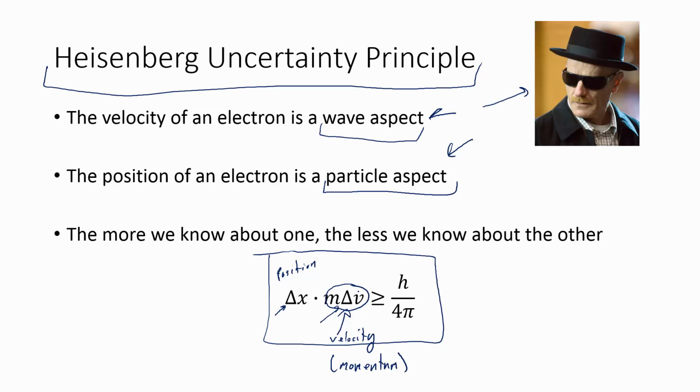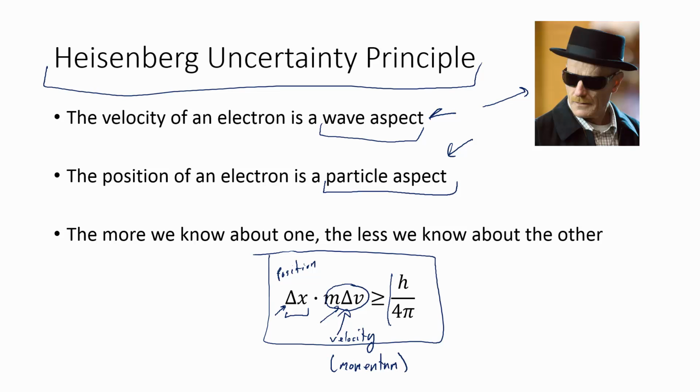They're indirectly proportional to each other, meaning that the more we know about the change in position, the less well we know about the change in velocity. The better we know the change in velocity, the less we know about the change in position.